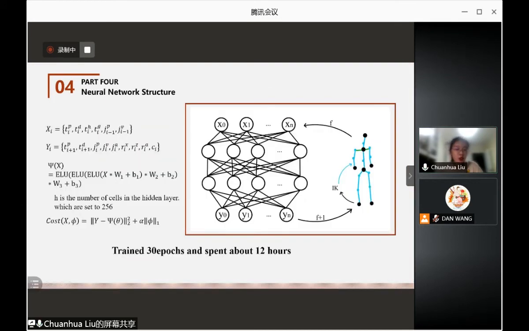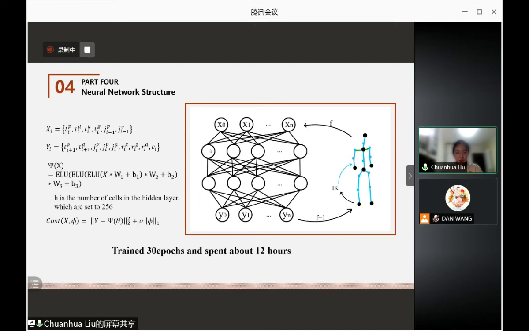The structure of our neural network is like this. It is a three-layer neural network, and the input is the states of the previous and following frames and the joints of this character.